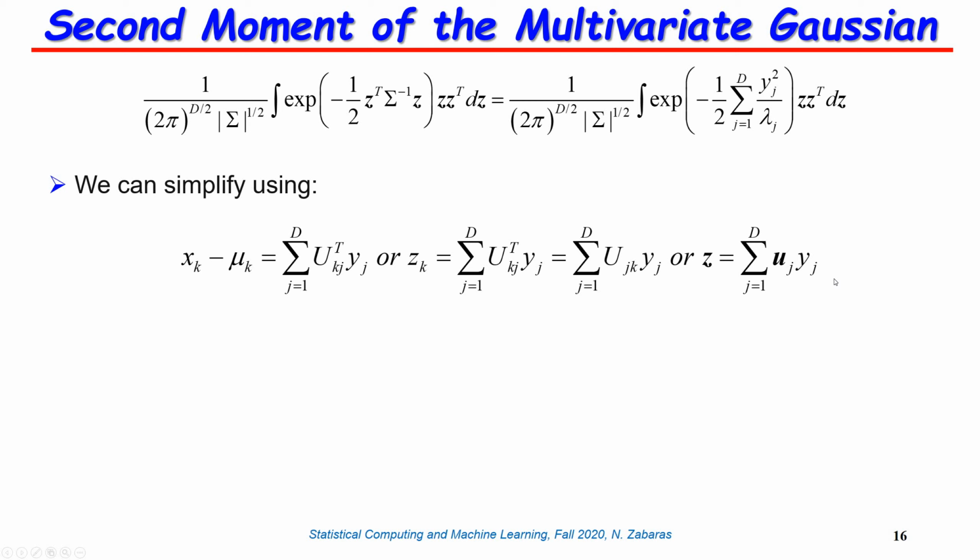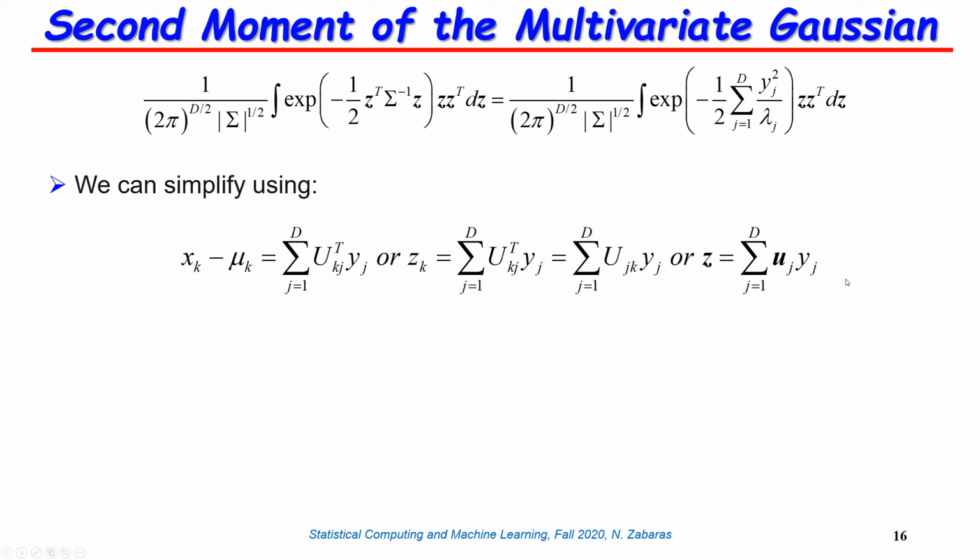And actually, what I can do is write this equation in vector form, as the vector z being the summation of j from 1 to d of the eigenvectors uj times yj. You may want to verify that zk equal to this summation is written like that in vector form.